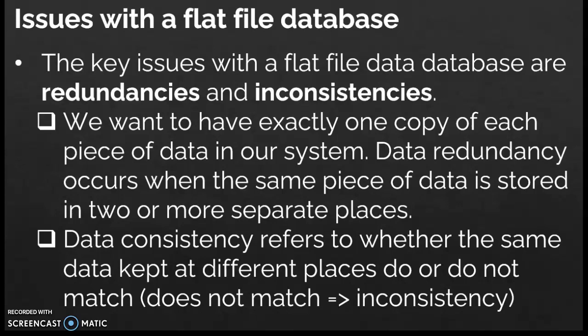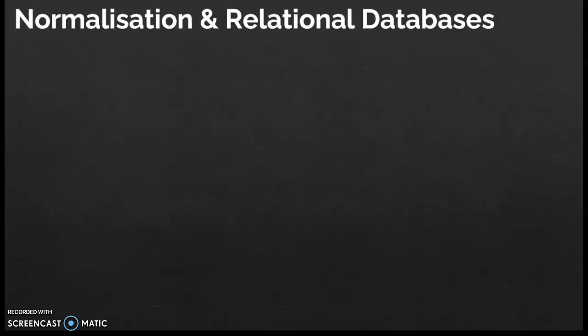So basically, depending on how you're trying to access the data, if it was coming back in different ways, kept in different places and does not match, you will get an issue there as well, and that's referred to as an inconsistency. So, how do we get about this?